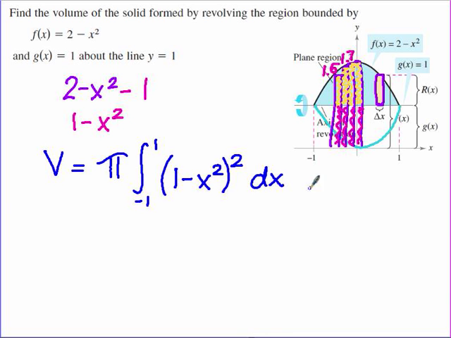So now what I need to go ahead and do is FOIL that out. If I FOIL that out, I really get 1 minus 2x squared plus x to the 4th. So let's go ahead and integrate that. What's the integral of 1?